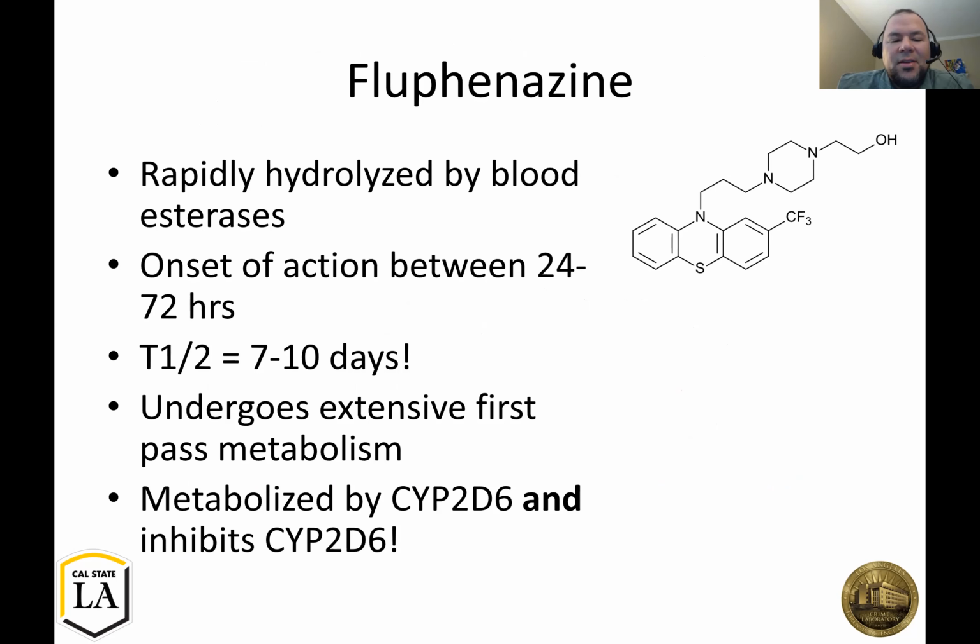It undergoes extensive first pass metabolism, and it's metabolized primarily by CYP2D6. Oh yeah, that's right. This is a weird drug. It's metabolized by CYP2D6 and it inhibits CYP2D6. So this is the thing. It actually can inhibit its own metabolism. So go figure on that, right?